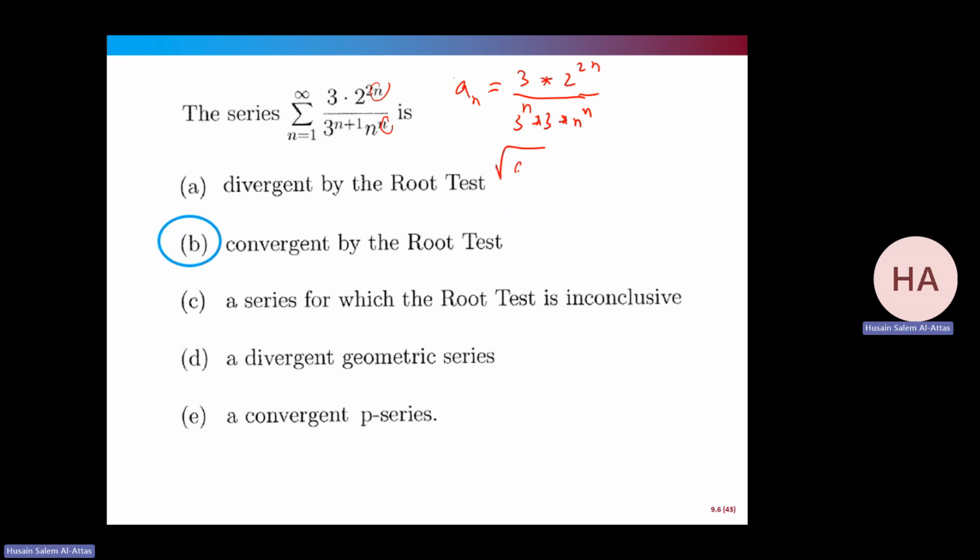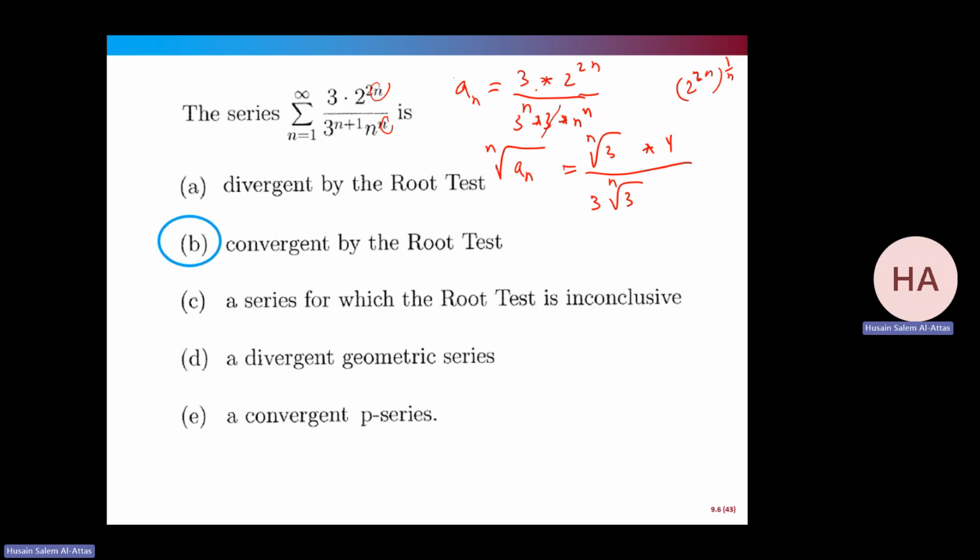Everything is positive. Let me do it step by step. This is the nth root of 3. This is 2 to the power 2n, to the power 1 over n, so times 4. This one is 3 times the nth root of 3.